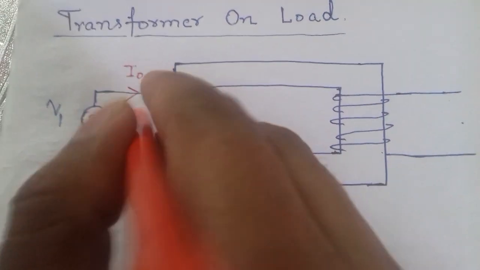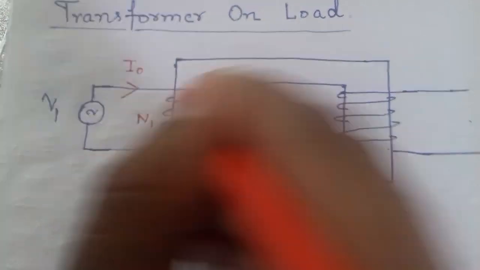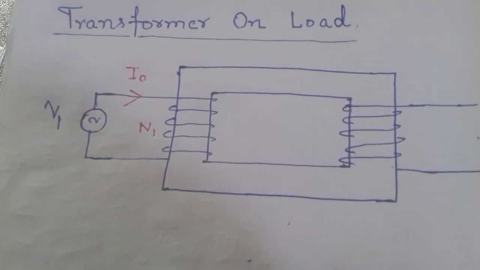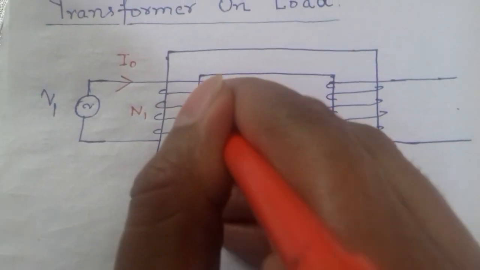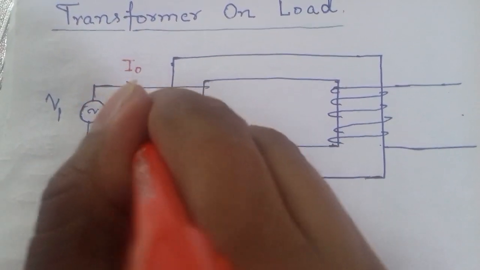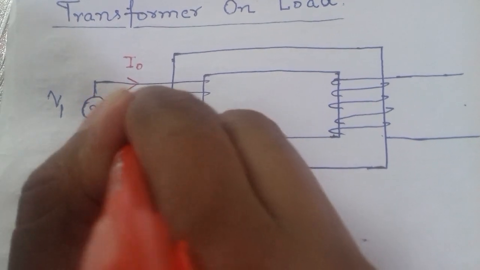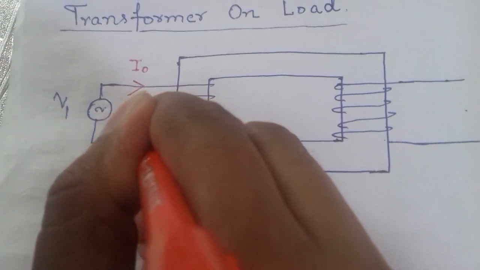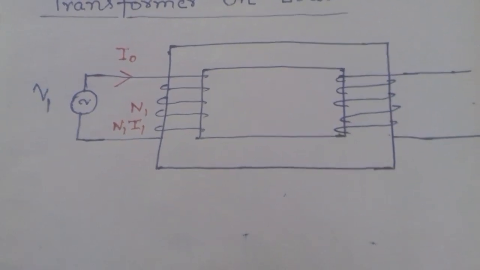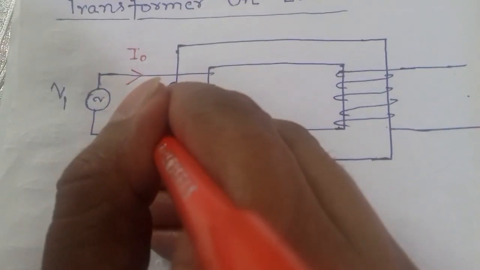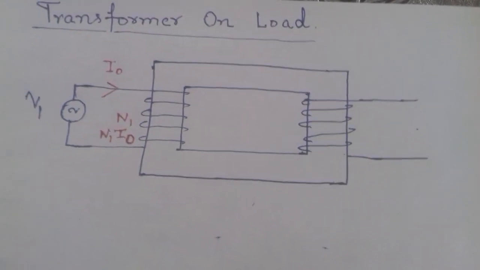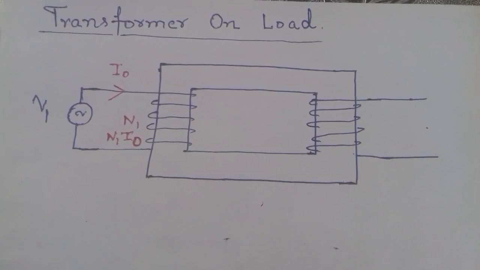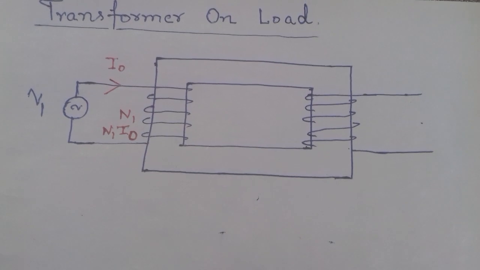Now if the number of turns of primary is N1, then an MMF will be produced which will be equal to N1 I0, as the current which is flowing right now is I0.